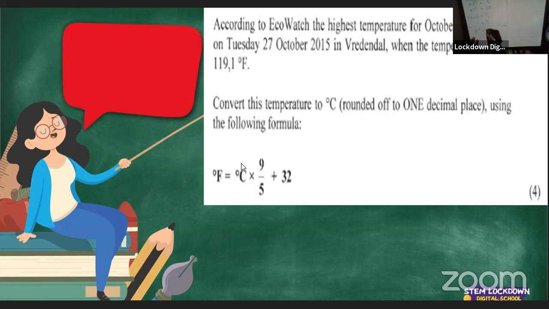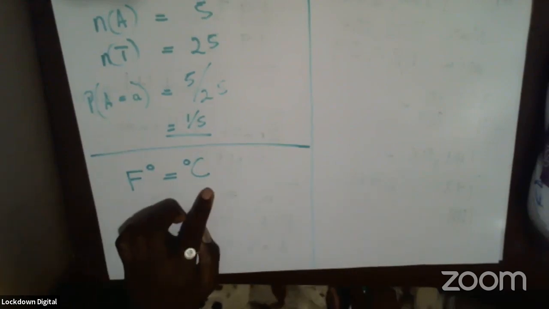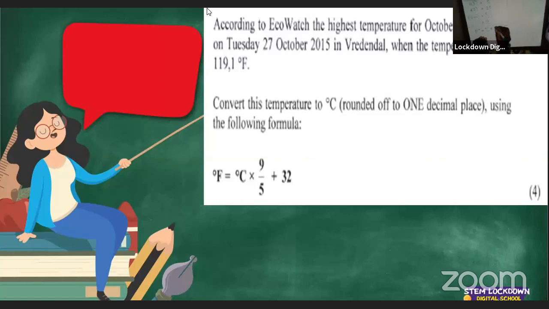We have Fahrenheit equals degrees Celsius times 9/5 plus 32. And we are given the value that we want to change.